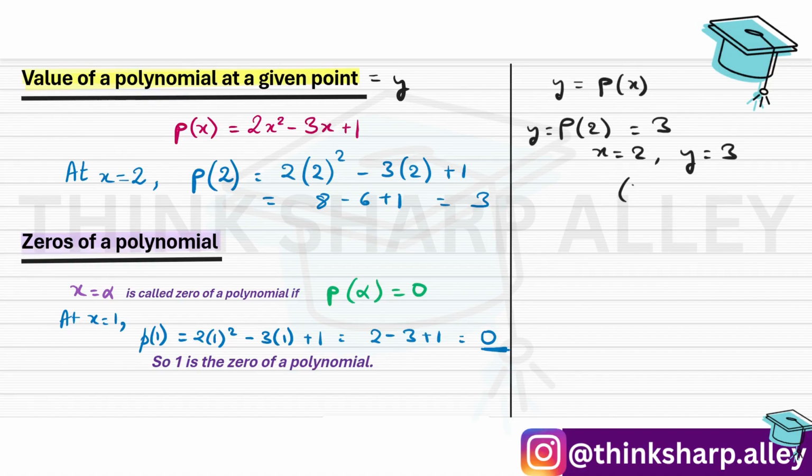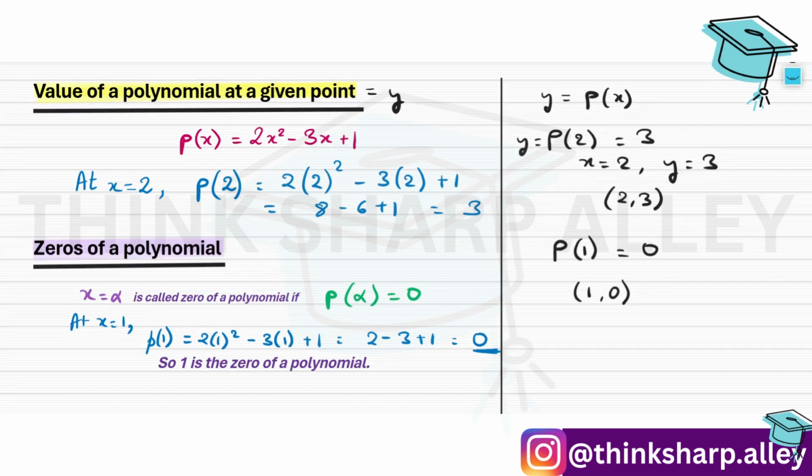So the point (2, 3) lies on the graph of this polynomial. Similarly, we found out that p(1) is equal to 0. That means (1, 0), because x coordinate is 1 and y coordinate is 0, is a point on the graph of this polynomial. Remember, whenever y coordinate becomes 0, the x coordinate gives the zero of the polynomial.